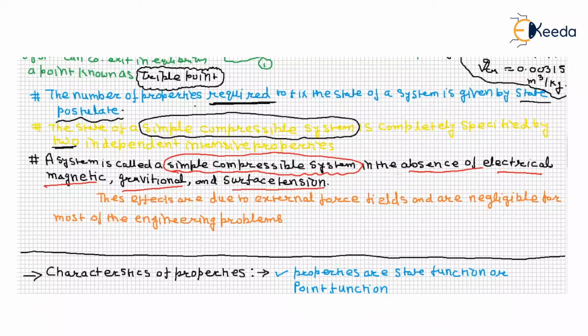That means for a simple compressible system, the effect of electrical, magnetic, gravitational, and surface tension will be negligible. Also, motion is absent when you consider a simple compressible system.